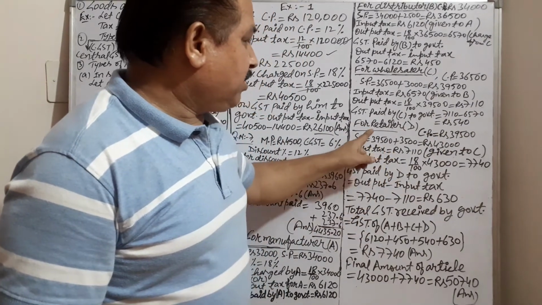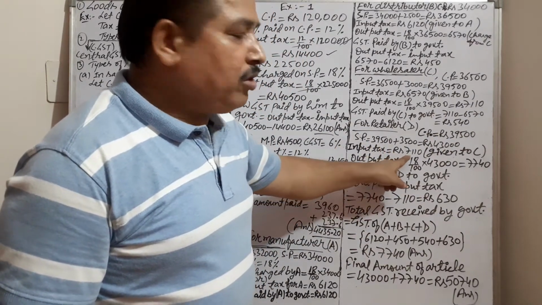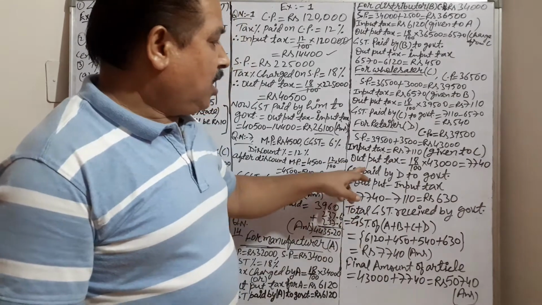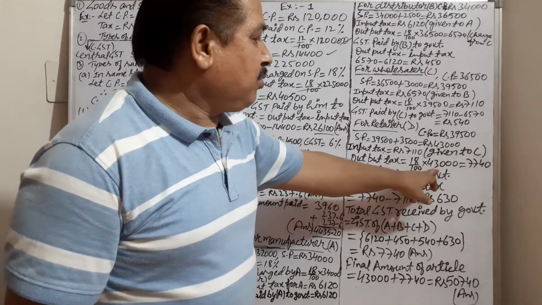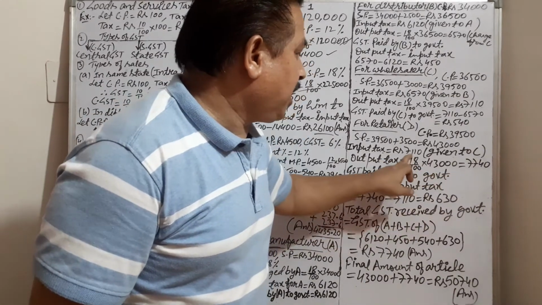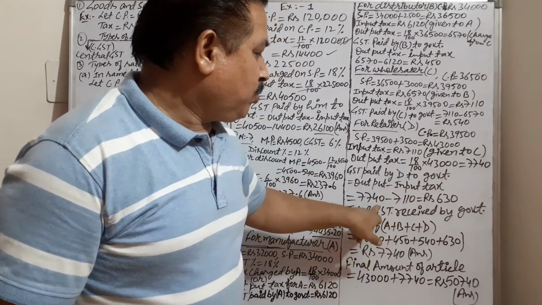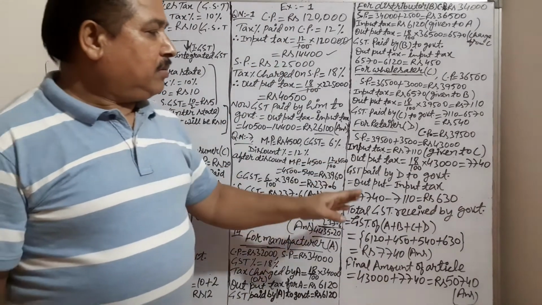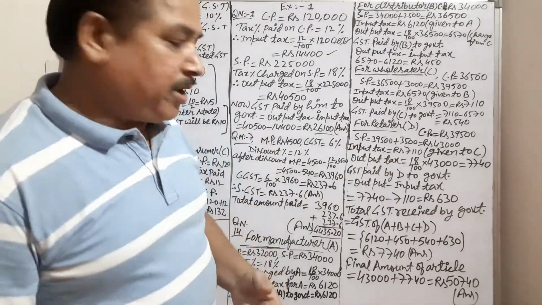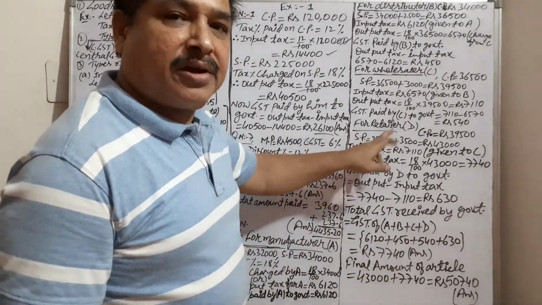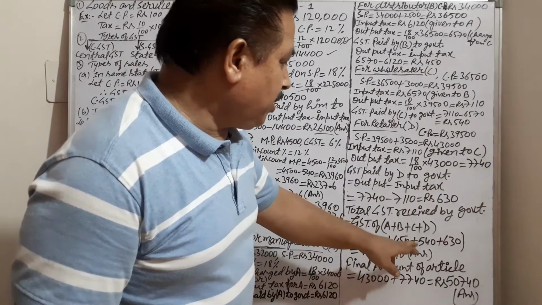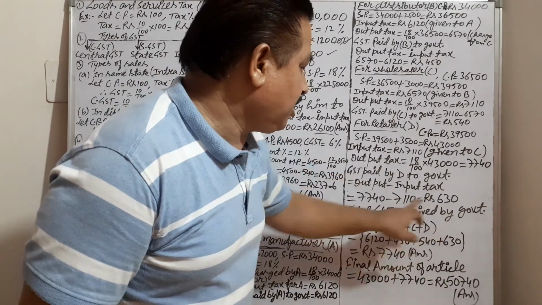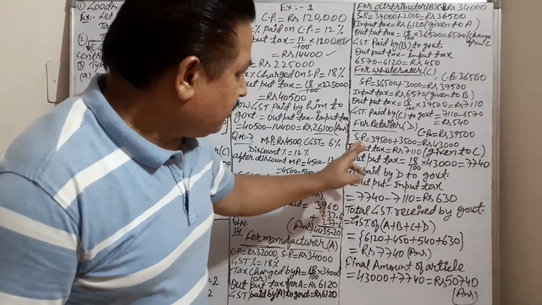So for this person the input tax is 7110. Output tax is 18% of the selling price. Output minus input is the GST paid by D to the government. Who is D? The retailer. So how much is the retailer paying to the government? 630. This is the GST of D.